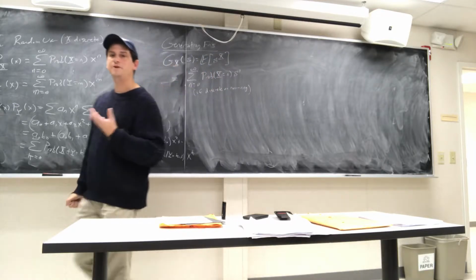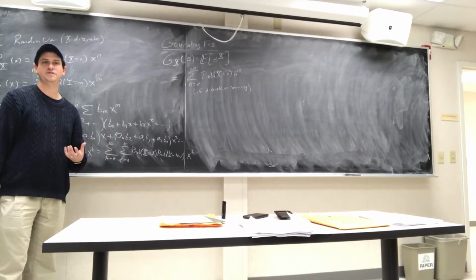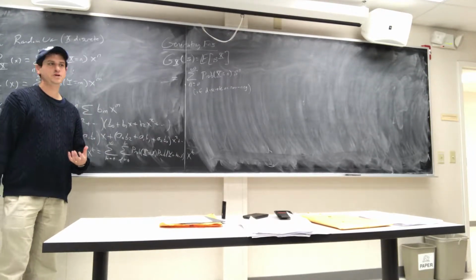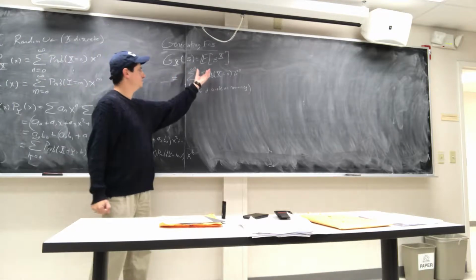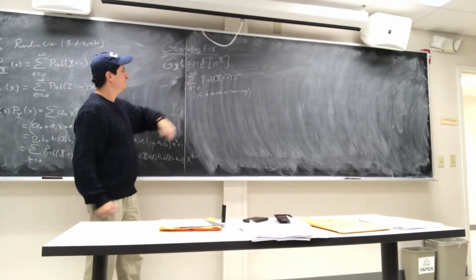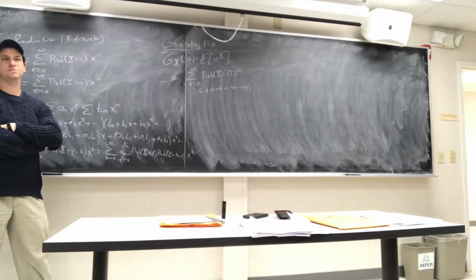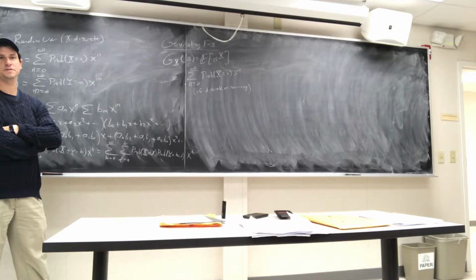A lot of random variables are discrete and take on only non-negative integer values, so this is an extremely important special case. More generally, it's just the expected value, so we would have to sum over all possible values, or we would have to integrate.